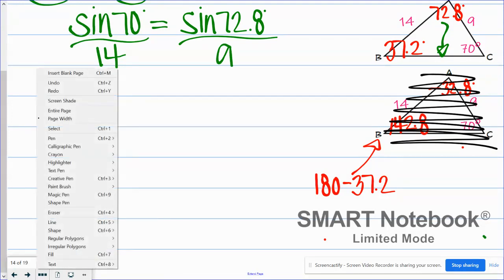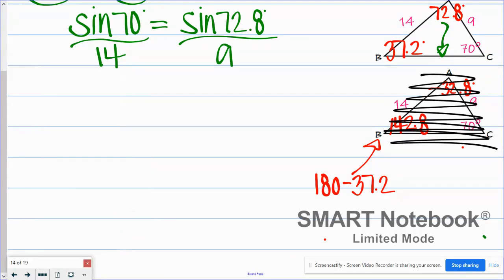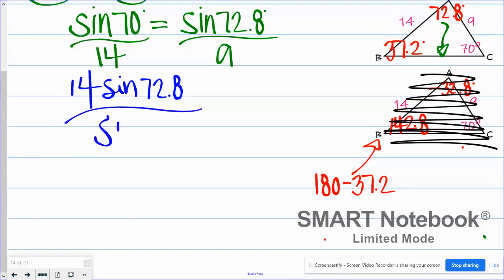And so then I do the usual math where I cross multiply and divide. So I'm multiplying 14 sine of 72.8, and I'm dividing that by sine of 70. And this calculation will give me side A, which is what I'm still missing.